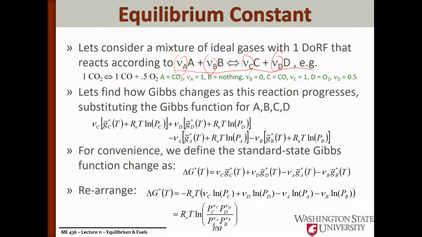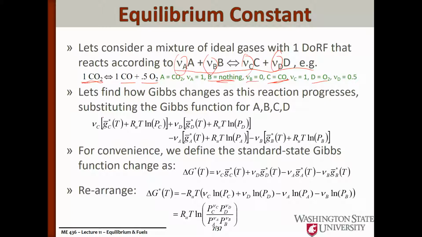So I know this one that I'm showing you only has one reactant, but it'll simplify a little bit more, but the derivation will be for A, B, C, D. But I'll use the example of equilibrium between carbon dioxide, carbon monoxide, and oxygen. So in this case, A is carbon dioxide, VA is 1. There is no second reactant, so VB is 0. The first product is carbon monoxide. The second product is oxygen.